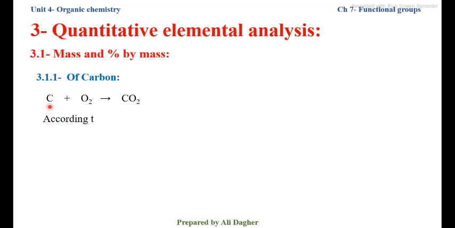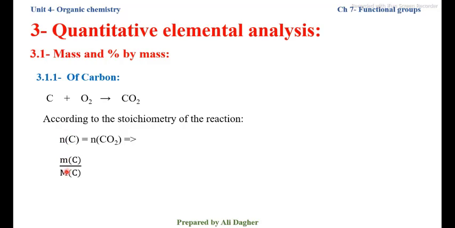According to the stoichiometry of this reaction, 1 carbon atom gives 1 CO2, so the number of moles of carbon over 1 equals the number of moles of CO2 over 1. Then n(C) equals n(CO2). We know that number of moles equals mass over molar mass, so we can replace each number of moles by mass over molar mass. Then mass of carbon over molar mass of carbon equals mass of CO2 over molar mass of CO2.